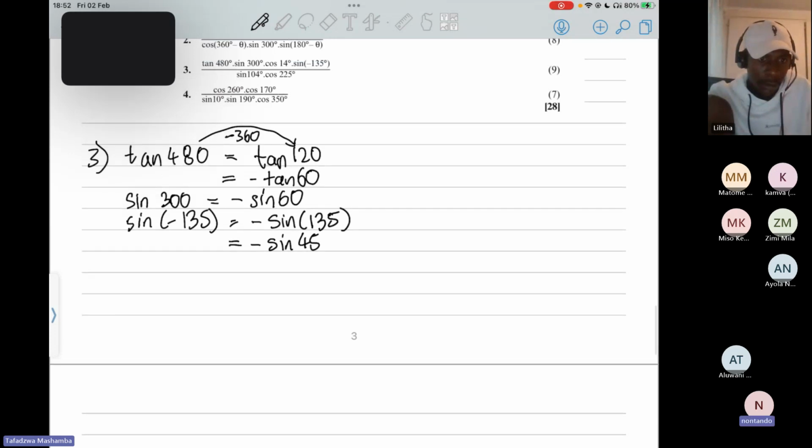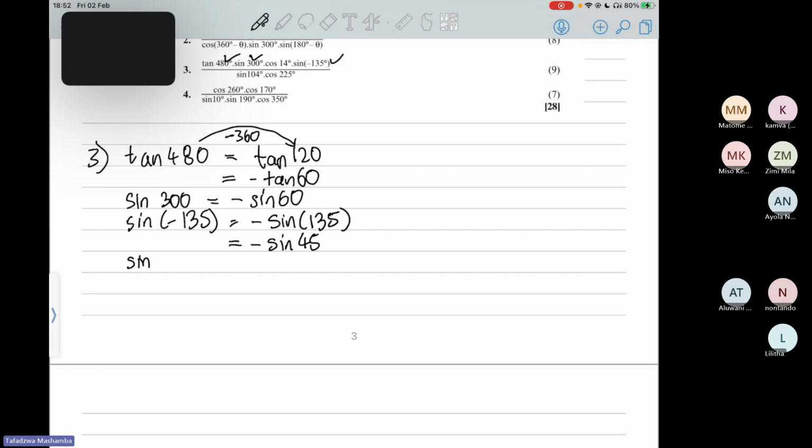Is there another thing we need to solve? Generally when you're solving these, it's always a good idea to take these so that you can see what you can simplify. Then you have sine of 104. Sine of 104 doesn't really have a simplification, but what you can do is the same thing: 180 minus theta.